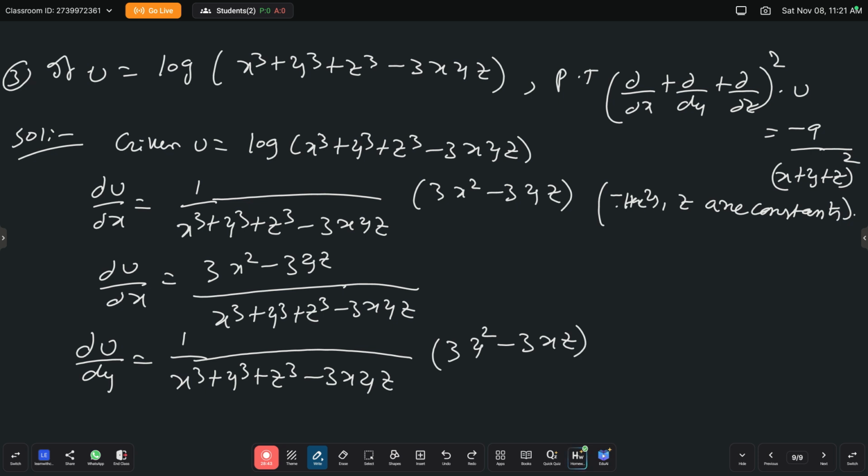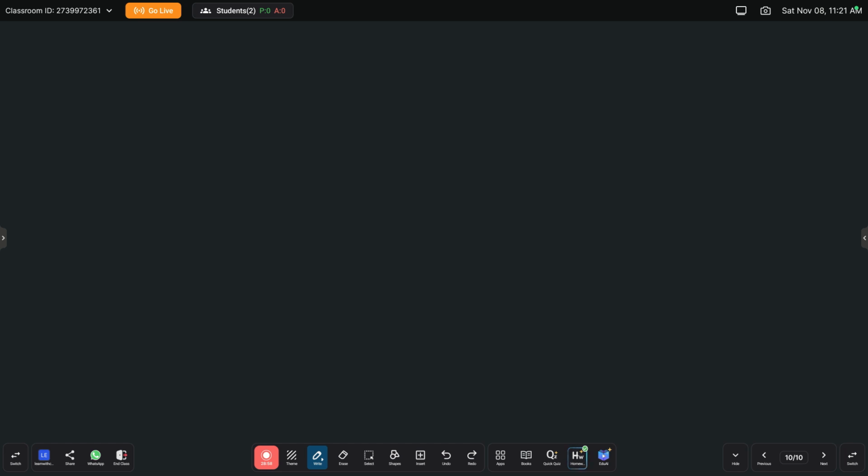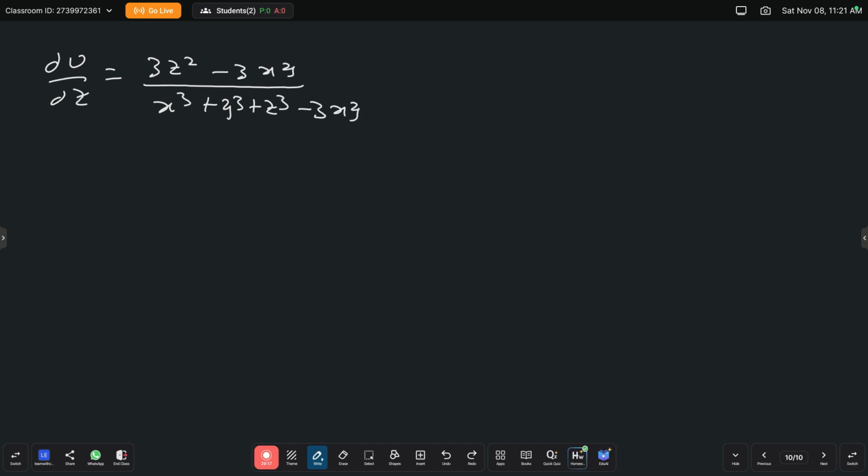So with respect to y, here x comma z are constants. Okay. So similarly, you can find ∂u/∂z. With respect to z, x and y are constants. So now (3z square minus 3xy) by (x cubed plus y cubed plus z cubed minus 3xyz).